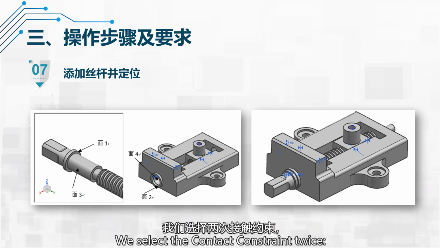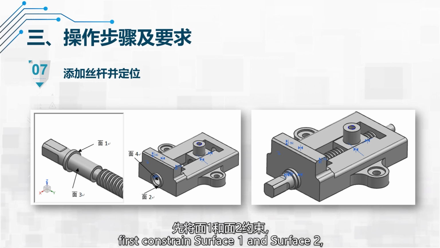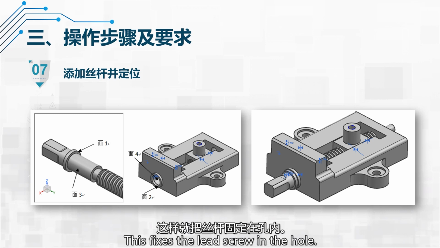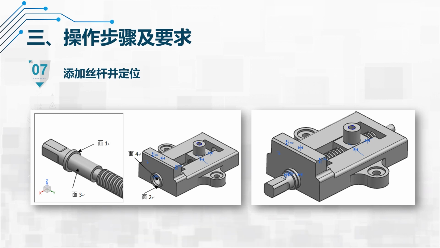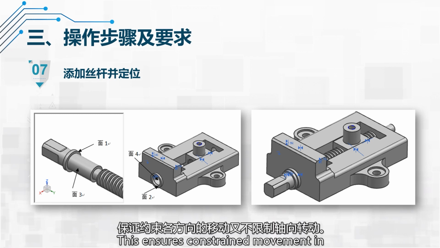We select the contact constraint twice. First, constrain surface 1 and surface 2, then constrain surface 3 and surface 4. This fixes the lead screw in the hole. This ensures constrained movement in all directions without restricting axial rotation.